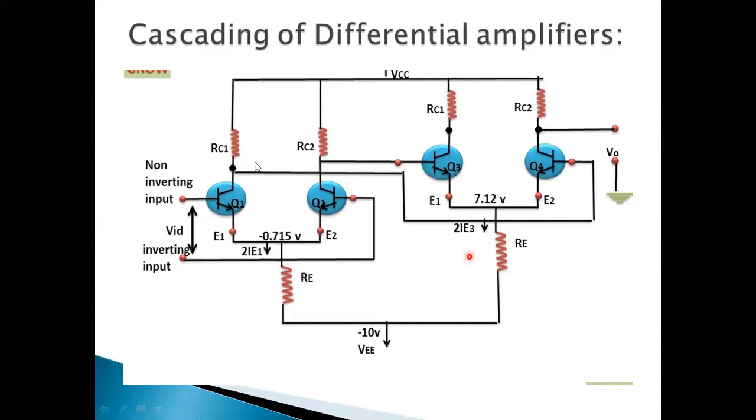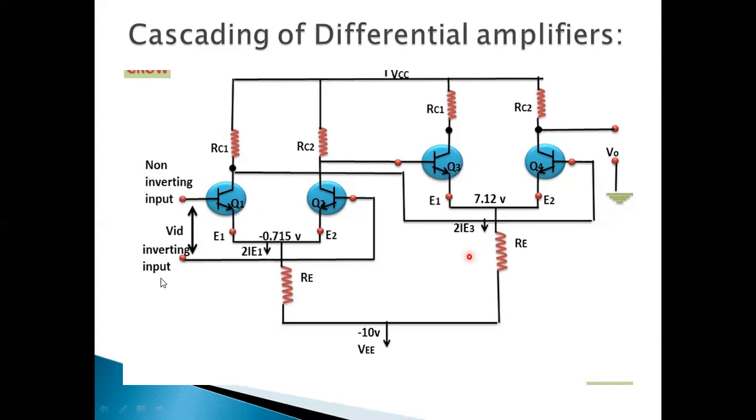Here we can observe that we are taking the output and it is directly passed to the second stage input. The first stage represents a differential amplifier. Normally a differential amplifier consists of two inputs: one is the non-inverting input, another is the inverting input.